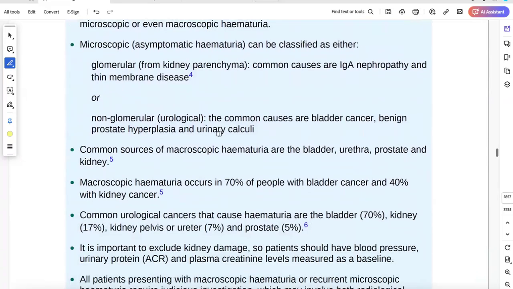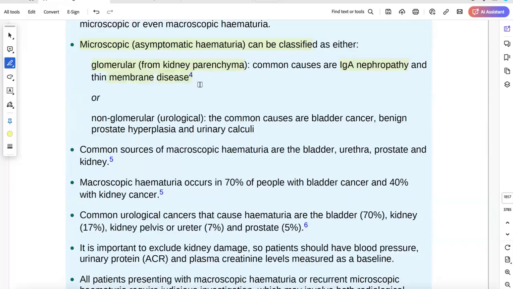You can go through this. When we think of microscopic hematuria, that means the patient did not see any blood, but it mainly came with the test. The bleeding can come from glomerular, which means from the kidney. The common cause of hematuria from the kidney is IgA nephropathy and thin membrane disease.